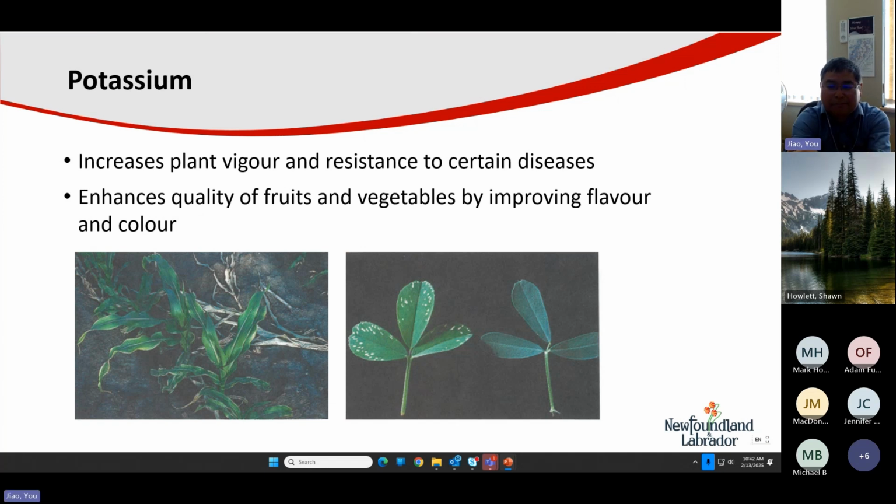Potassium increases plant vigor and resistance to certain diseases, and enhances the quality of fruit and vegetables by improving flavor and color. When potassium deficiency shows in corn, it is also in the old or lower leaves.